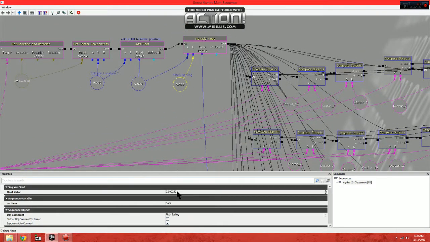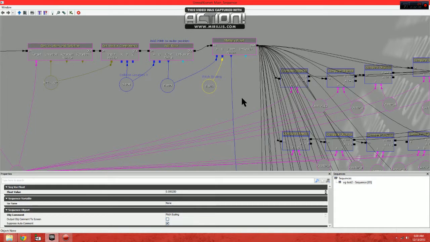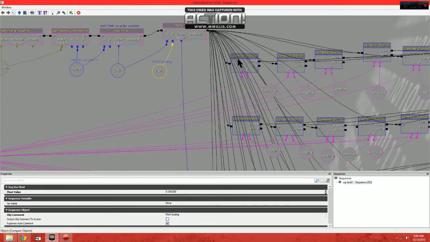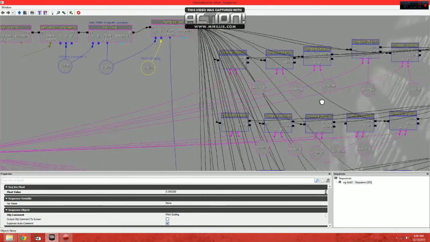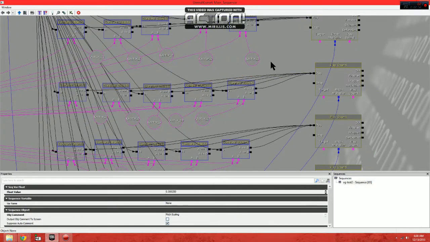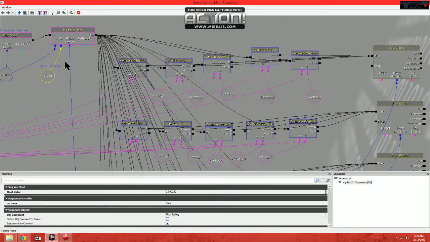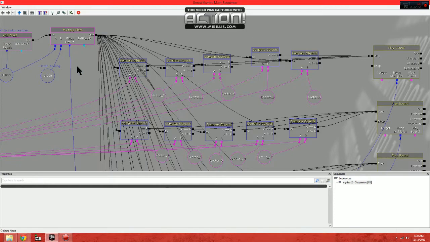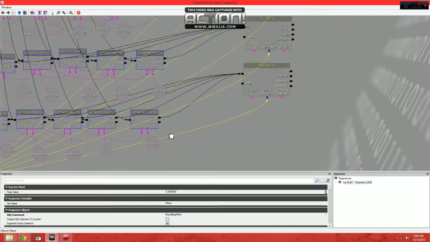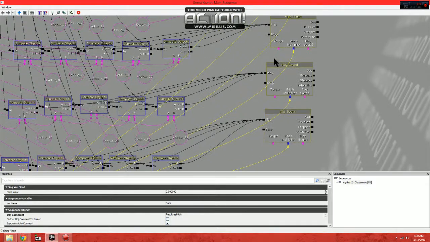This is multiplying by 0.000250, and that's to get the sort of world numbers into the range of where it makes sense for the pitch scaling. Okay, well, this is the important part. This float result is going down here, resulting pitch, which is going up to the pitch multiplier of whichever sound.